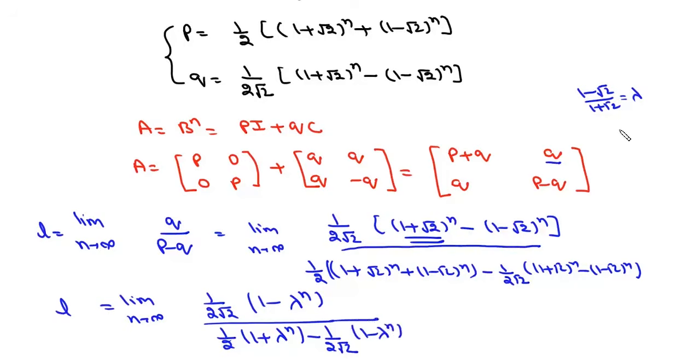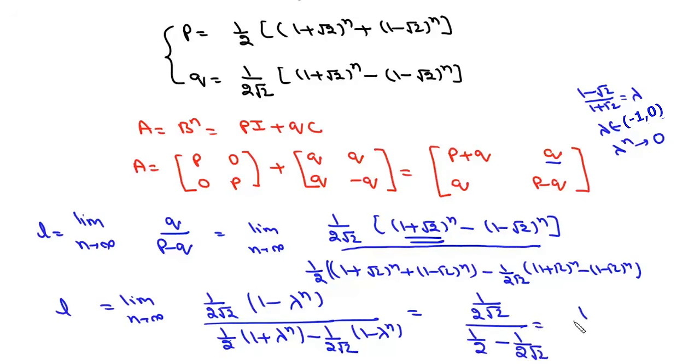Now this lambda lies between 0 and 1. So lambda to the power n as n tends to infinity will be simply 0. So the value of this limit will be 1 upon 2 root 2 upon (1 by 2 minus 1 upon 2 root 2), which is 1 upon (root 2 minus 1). And if we rationalize, we can write this as root 2 plus 1. So the value of L is root 2 plus 1.